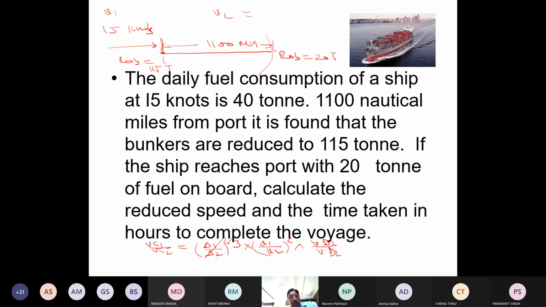That's all. So you will get the speed V2, the reduced speed at which you go to reach with 20 tons on board. And once you know this speed, you can calculate the time because you have the distance and the speed. All right, is it understood? Okay, now you please solve it. And let us see if you get the same answer.